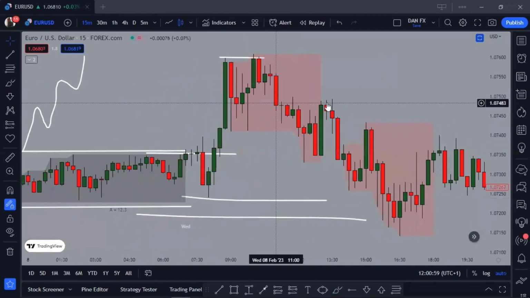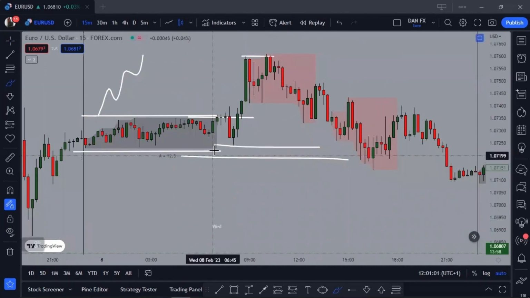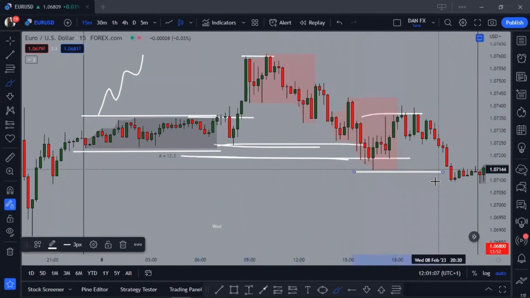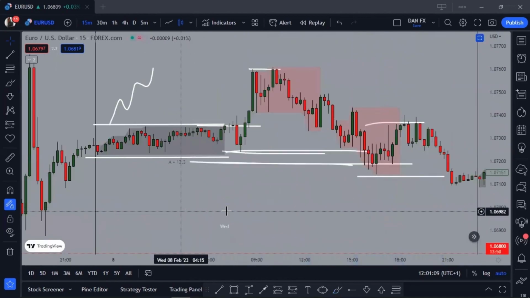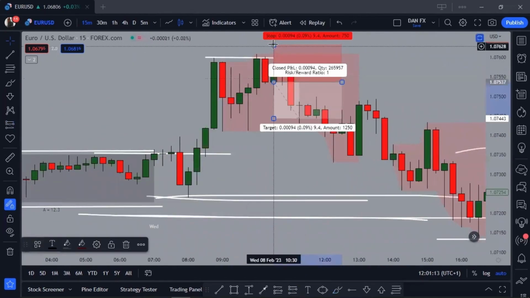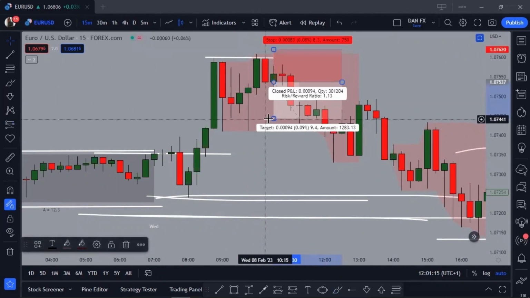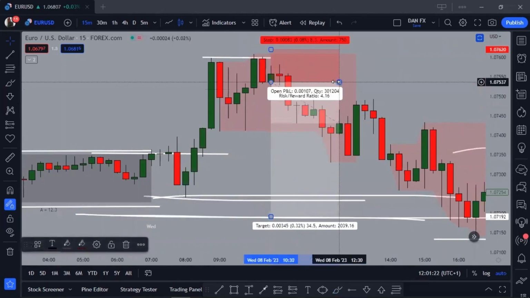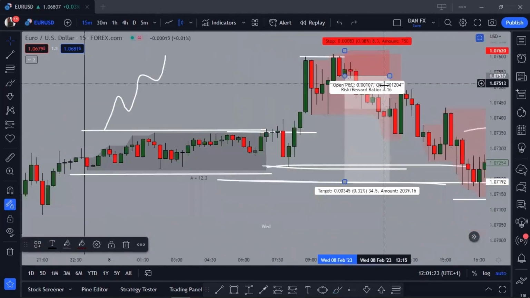And you can see they go back down, hit the stop losses of all the people who took buys in here, and end the day in consolidation, right? So if you're going to take sells in this, you're going to have to take sells in here and then probably put your stop loss above the highs, and then you can take this down. This could give you about a 1 to 4, 1 to 5 risk to reward.